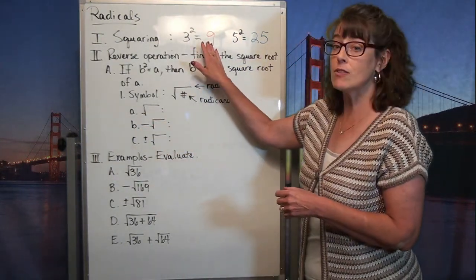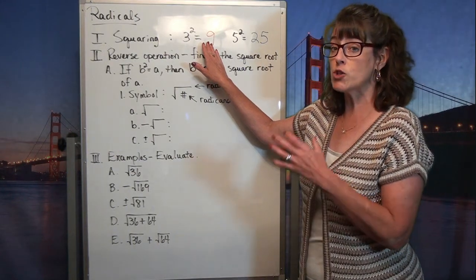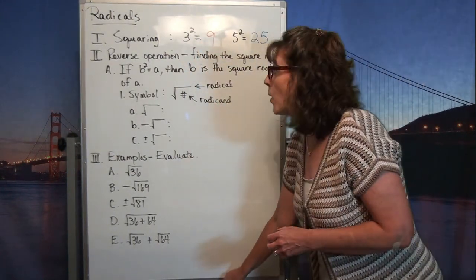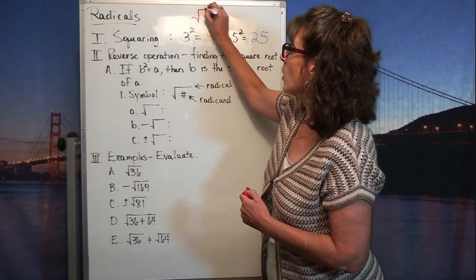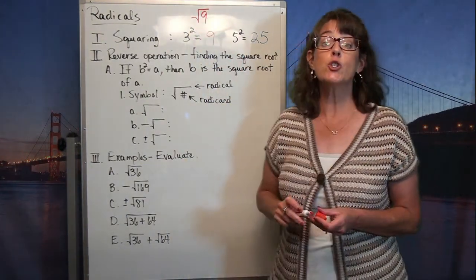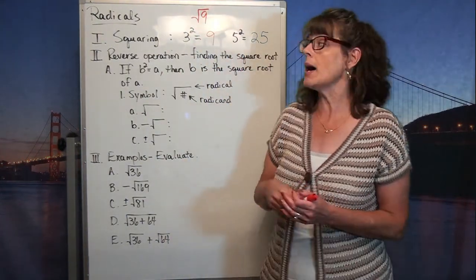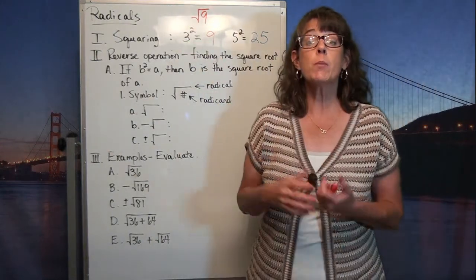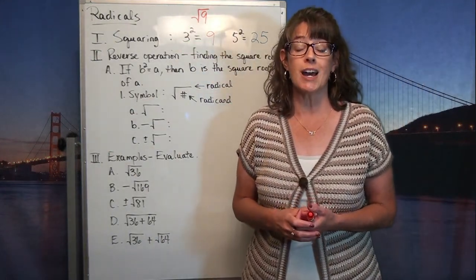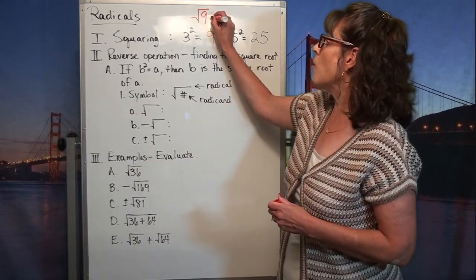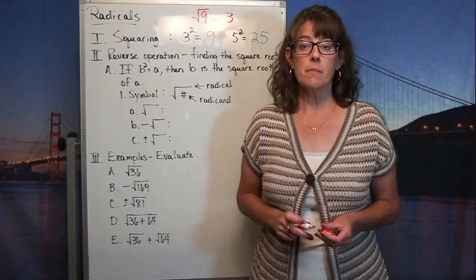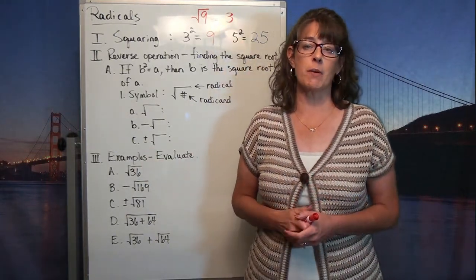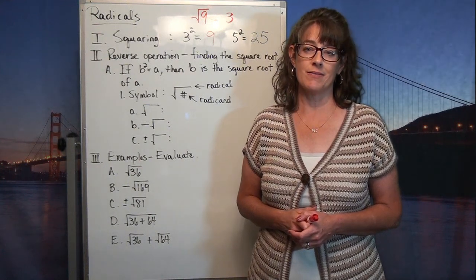If I'm taking the square root of 9, what I'm asking myself is, what number would I multiply to itself to create a 9? Because remember, 3 squared is 9. So what number would I multiply to itself to create a 9? Yes, 3. However, there's actually another number that I can multiply by itself to create a 9.